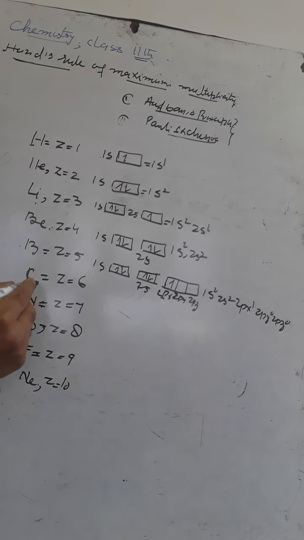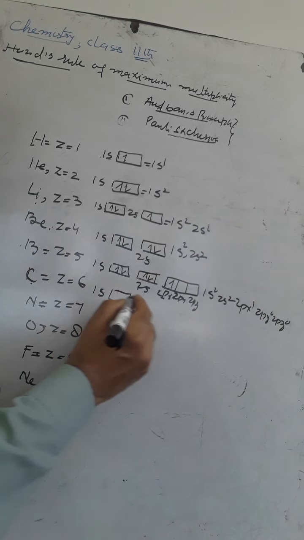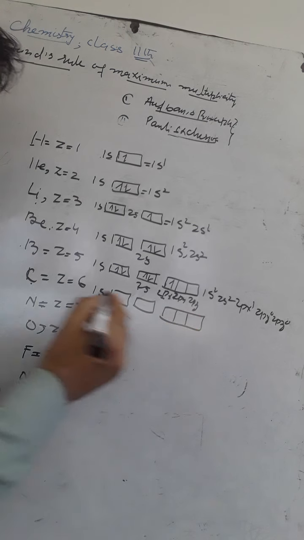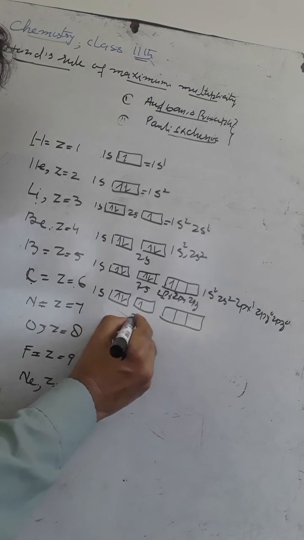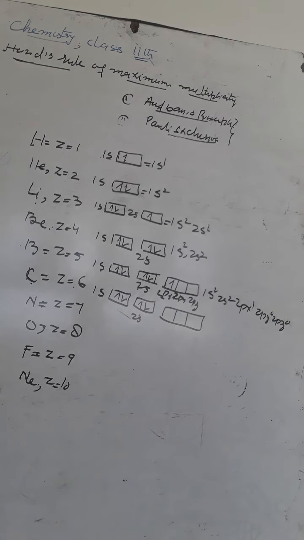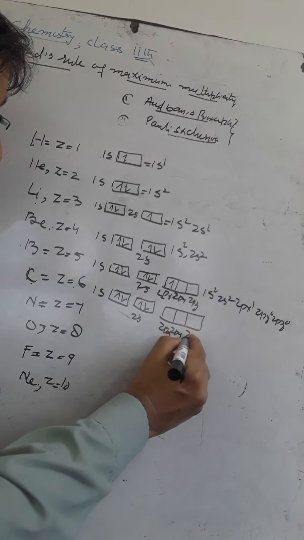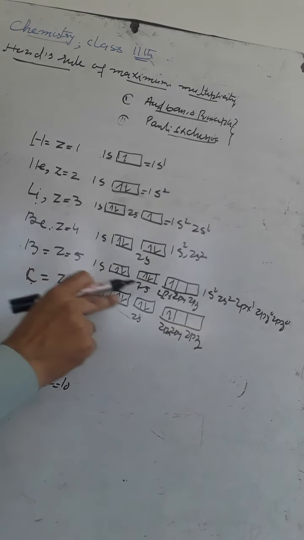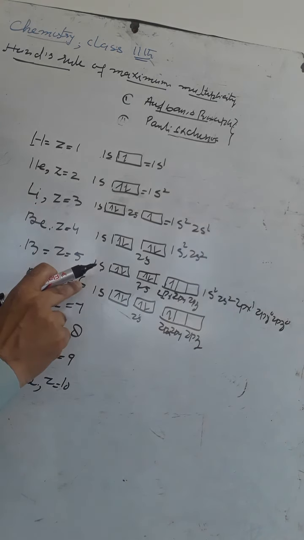Now after that, let us start from carbon. It is 1s, then we have 2s, then we have 2p with three orbitals. 1s can accommodate two electrons, then 2s can accommodate two electrons. Now we have 2px, 2py and 2pz. 2 plus 2 is 4, plus 1 is 5, and carbon contains 6 electrons.